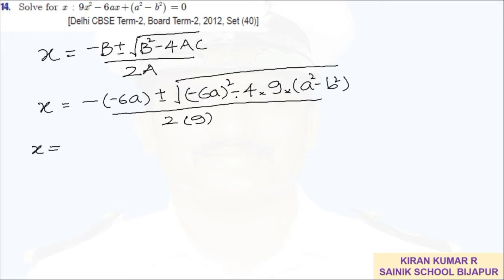So let us simplify the inside ones. We will be getting a negative of negative as positive 6a plus or minus root of 36a square. Then 9 multiplied to 4 will be 36. So minus 36a square minus of minus is plus 36b square divided by 18.